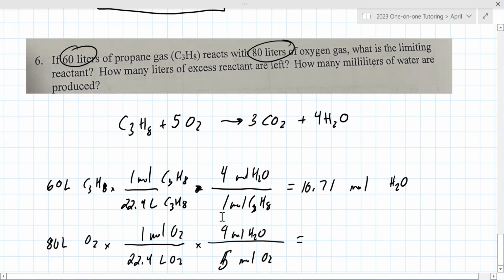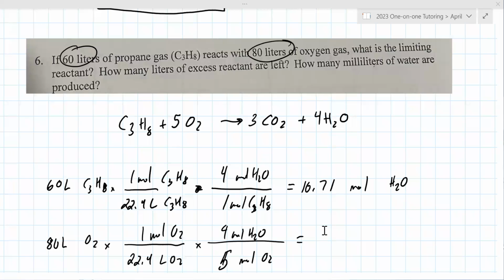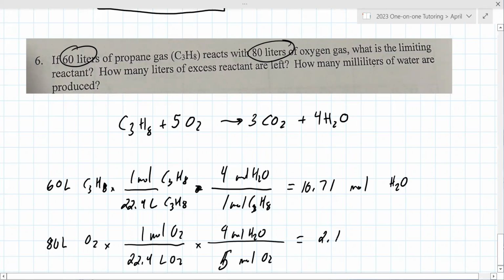So this one, just looking at the numbers here, and that's where I think you maybe can do some things to decide this in advance. I'm not very good at that. I like to just do the calculation, but I think there's a way to kind of know that this other one is the limiting one.